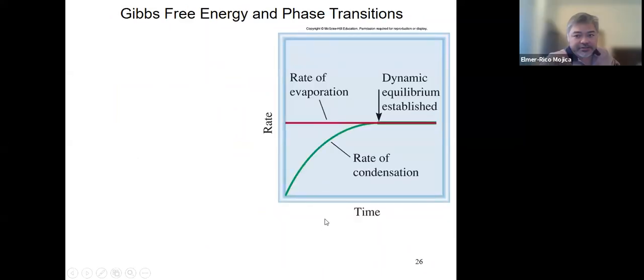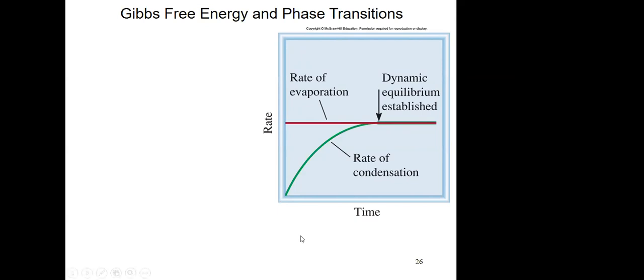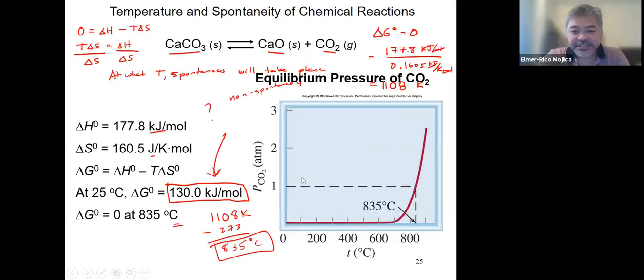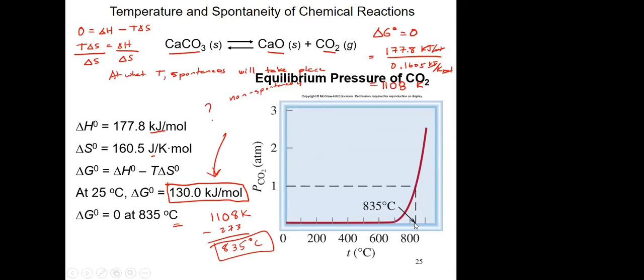So we can also predict phase transition using the so-called Gibbs free energy. So remember, whenever you have a system at equilibrium, what's the value of delta G? Just like this one. We have a system at equilibrium here.